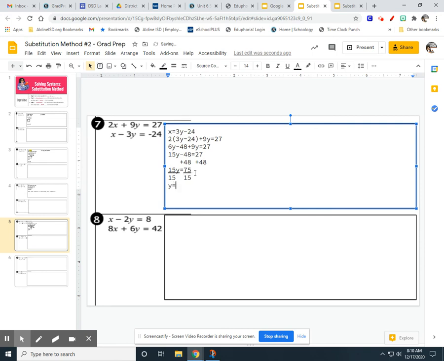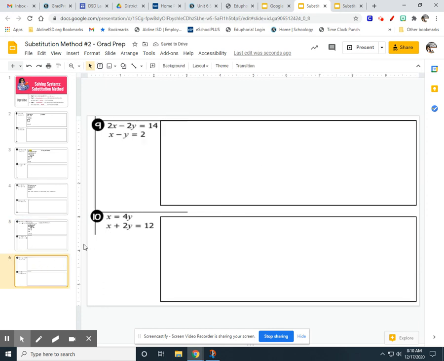And y equals 5. We go back up here. X equals 3 parentheses 5 minus 24. 3 times 5 is 15 minus 24 equals negative 9. My answer is the x value first, so negative 9 comma 5.